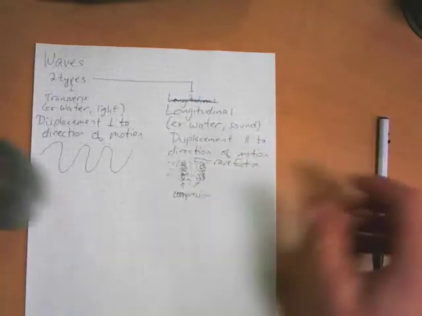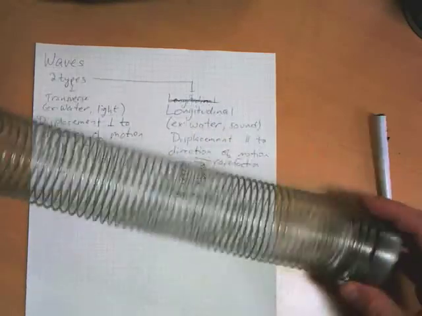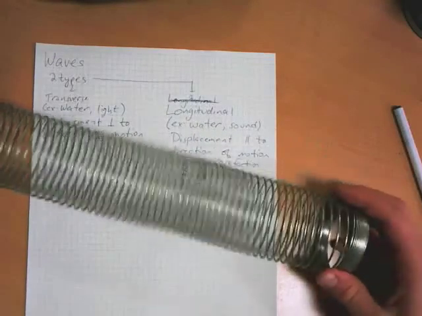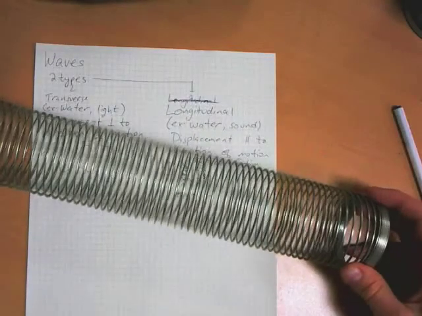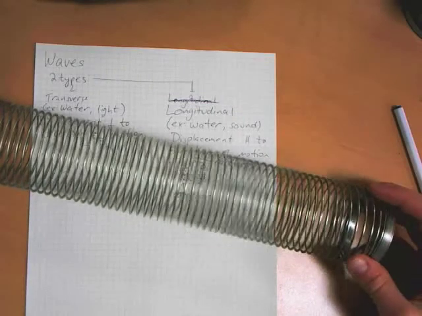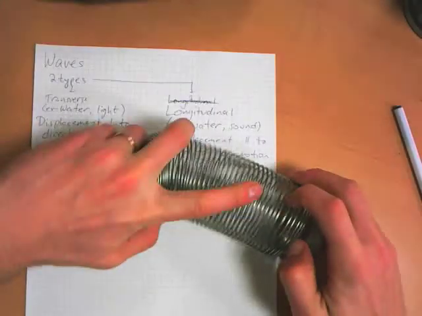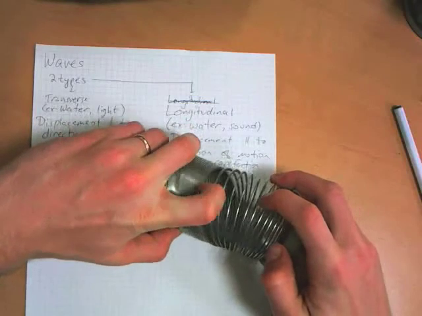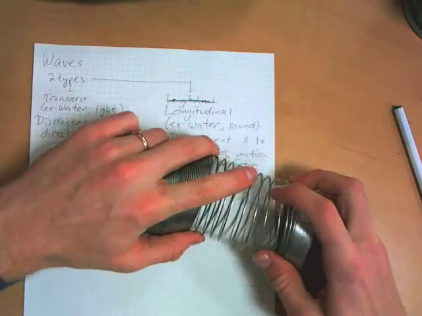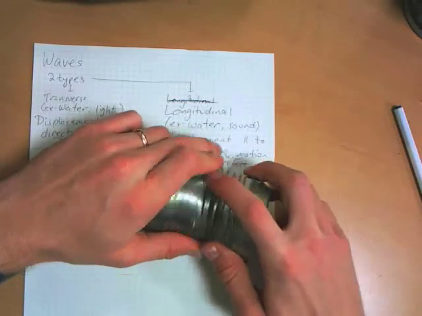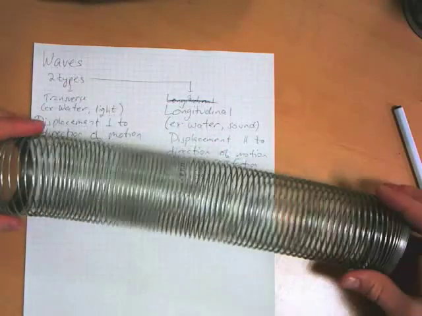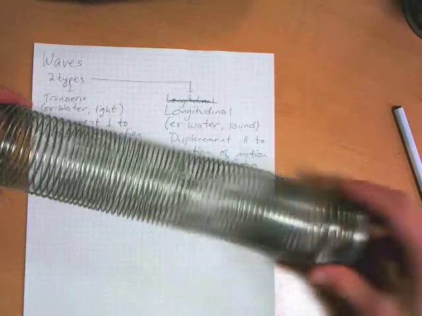And what that looks like on a slinky is if you push it straight down. Where I push, the coils of the slinky get pushed closer together, and then this coil moves down and pushes this coil, which pushes that coil. It's sort of a domino effect. Longitudinal waves are that sort of domino effect.